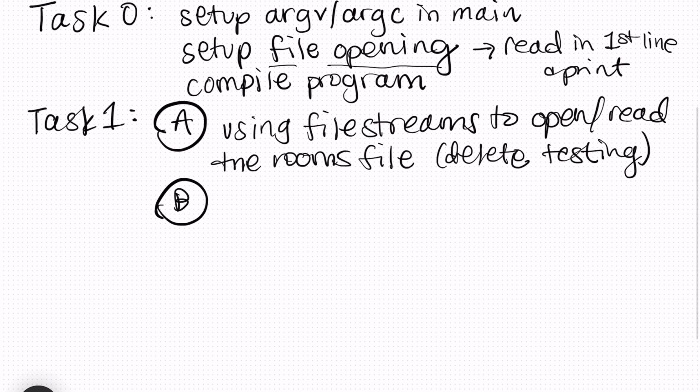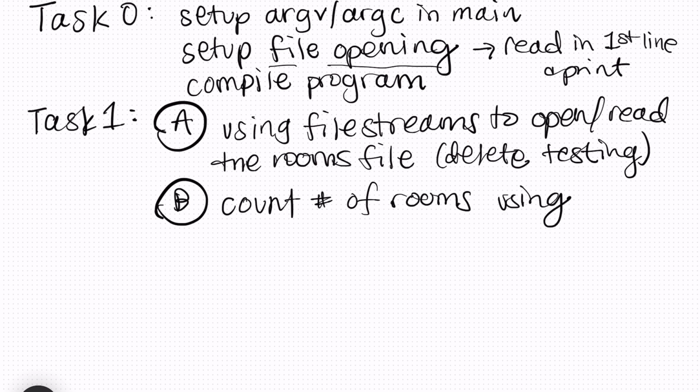Next step in task 1 would be to count the number of rooms using the tildes. So count number of rooms. And the way you can do this is by using getLine. getLine stores a line.